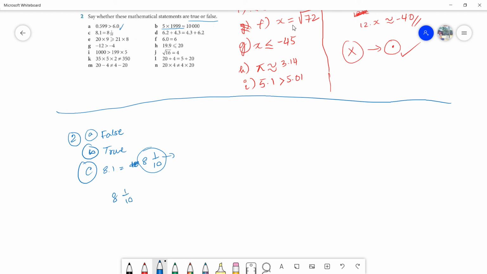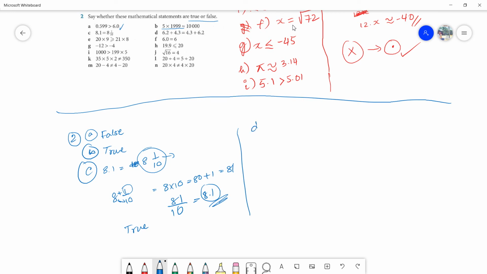We just have to multiply the whole number by the denominator and then add the numerator. So we write 8 times 10 is equal to 80, plus 1 is equal to 81. So we get 81 over 10, which is also 8.1 if we check with the calculator. So both of them are equal, so it's true.